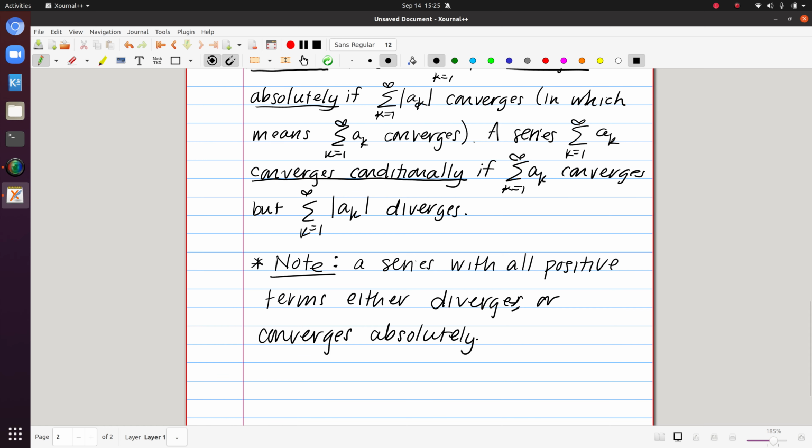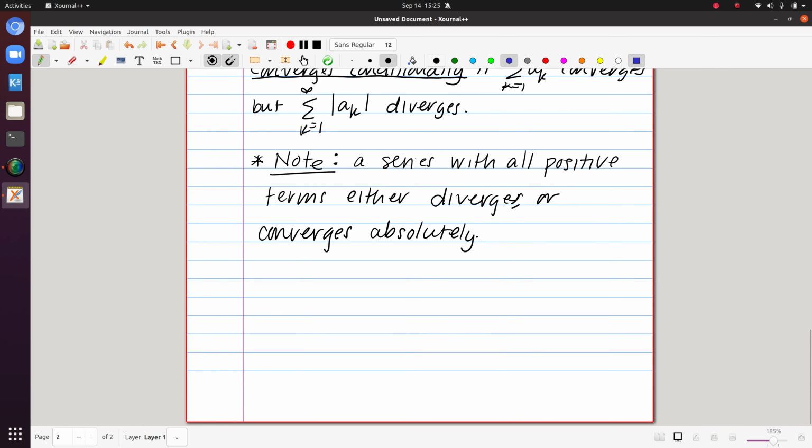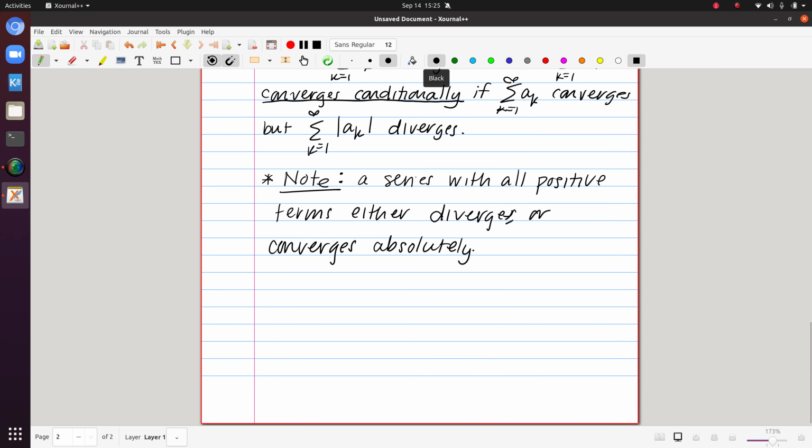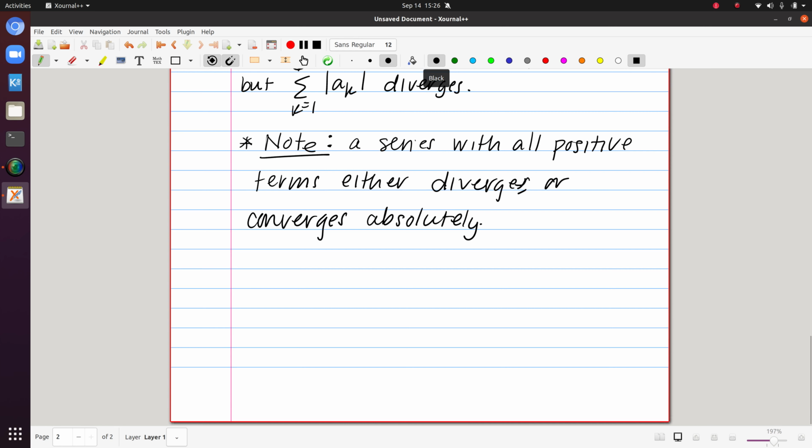And to think why, if the series has all positive terms, then these two sums are exactly the same. Those only become different when I have negative terms. So when we've been talking about convergence in the past, it's typically been what we're now going to think of as absolute convergence. This question becomes interesting when we start to look at series that are not simply consisting of positive terms.